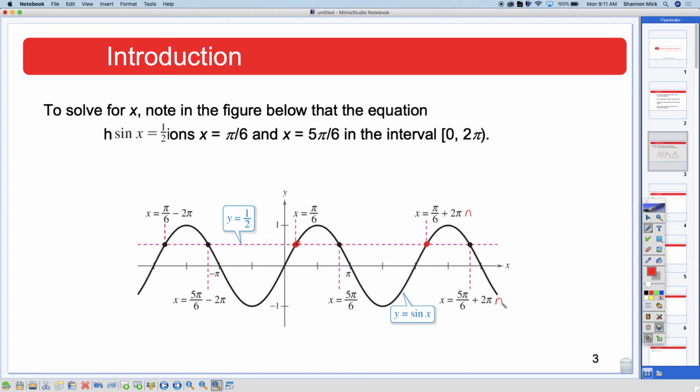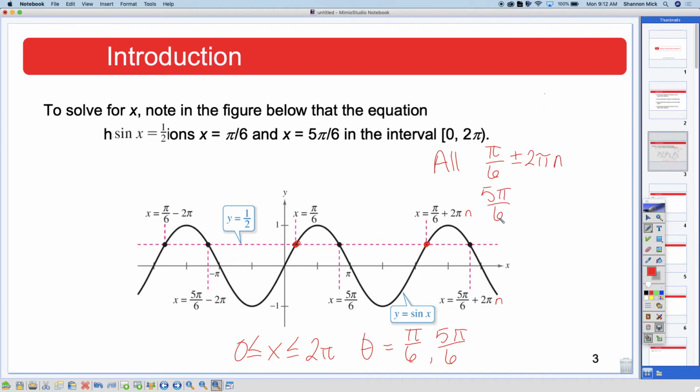So if I ask for solutions between 0 and 2 pi, my answer would be theta is pi over 6 and 5 pi over 6. If I asked for all of the solutions, it would be pi over 6 plus or minus 2 pi n and 5 pi over 6 plus or minus 2 pi n.